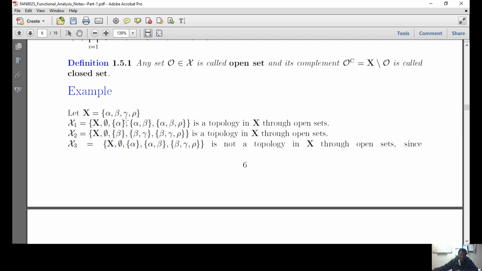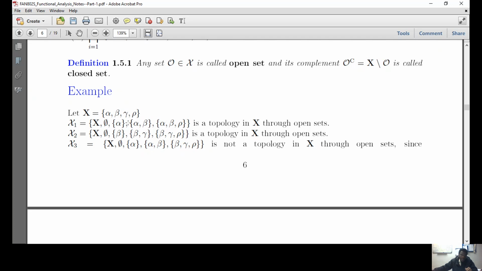Now, if you take the singleton alpha, we know that it's an open set, and by definition, its complement will be a closed set for this topology, because when we say open or closed, it's for a particular topology. In R, a singleton cannot be an open set, but in this case, it's an open set.